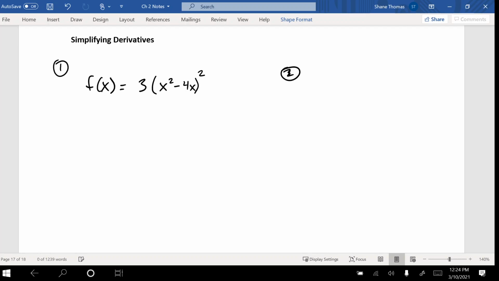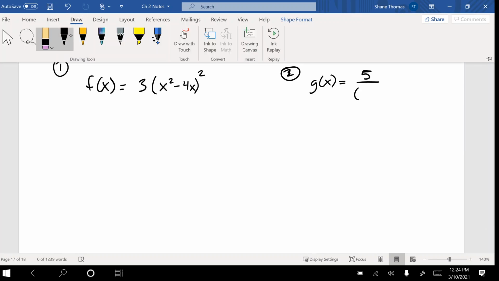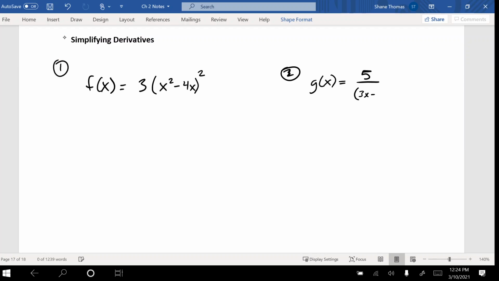And 2, let's go with a of x equals 5 over. Okay, there you go. There's 2.